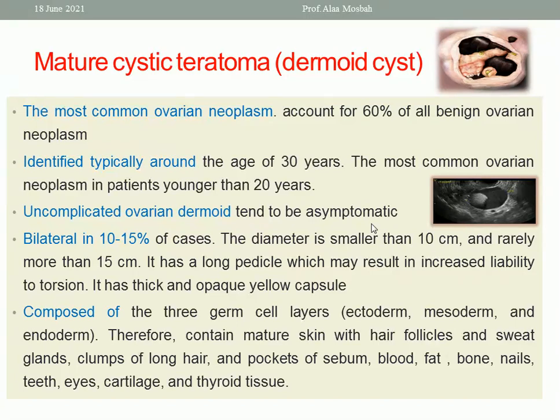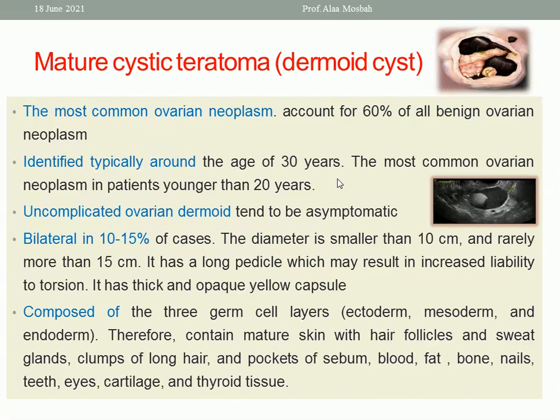So, any ectoderm or mesoderm or endoderm organs can be seen inside the dermoid cyst, but commonly the ectoderm predominates. Okay, and the doctor who discovered it first called it dermoid cyst because he suggested that it is of ectoderm only because of the hair and the skin.